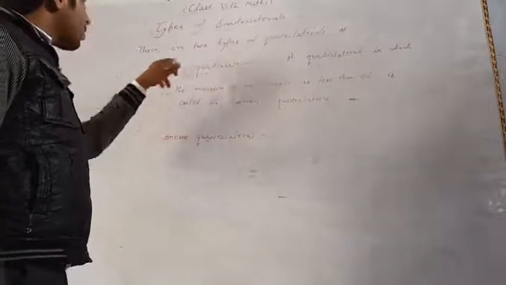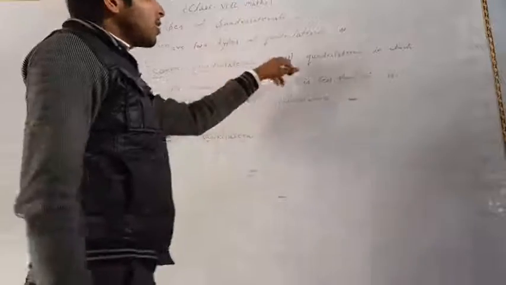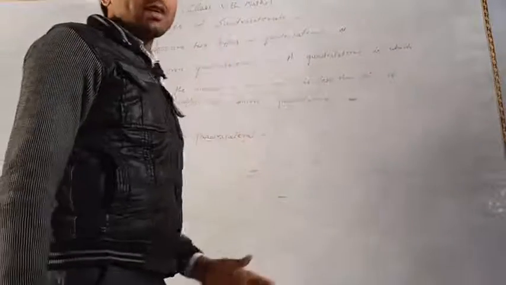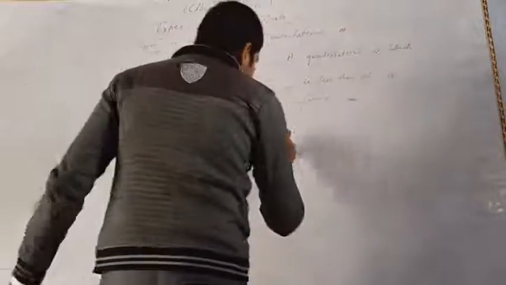You know that there are two types of quadrilaterals: convex and concave. A quadrilateral in which the measure of each angle is less than 180 degrees is called convex. What is a concave quadrilateral?